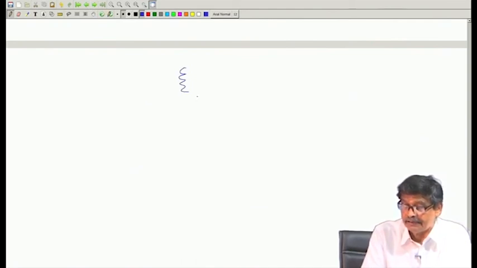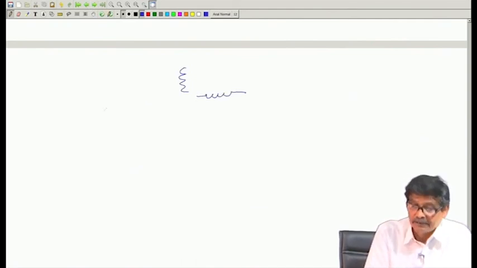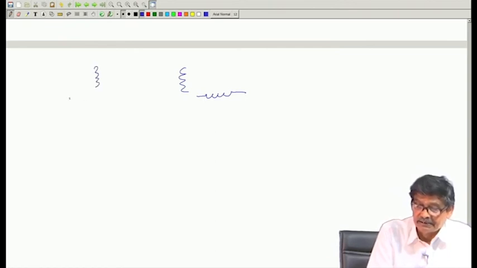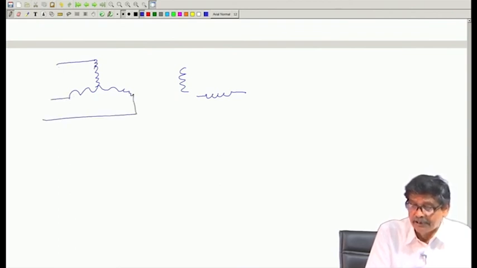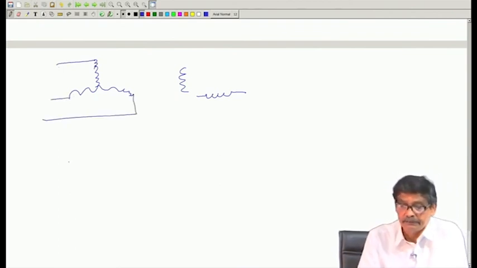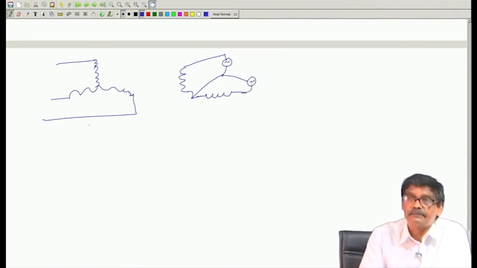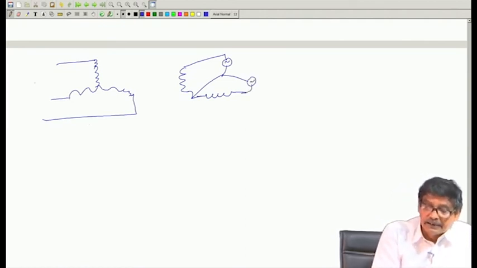That is, this is the secondary two coils and the primary connection is like this. I will just indicate it. I have planned it so that it converts 3 phase to 2 phase: 3 phase supply given here, balanced 2 phase you get. But suppose I supply this side with a balanced 2 phase voltage, should I get a balanced 3 phase output voltage here?